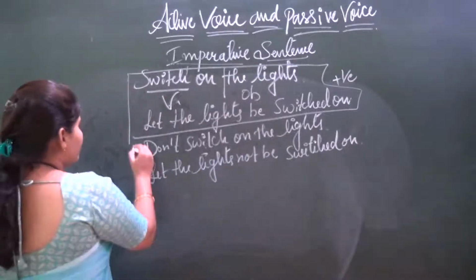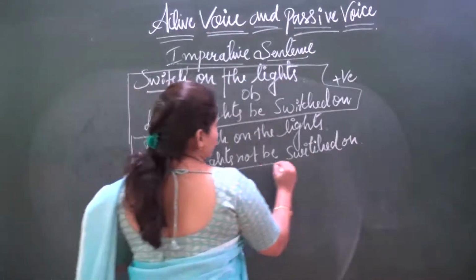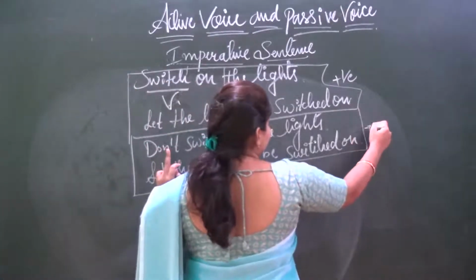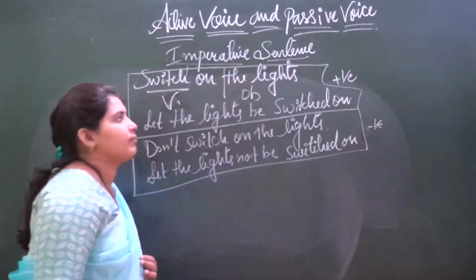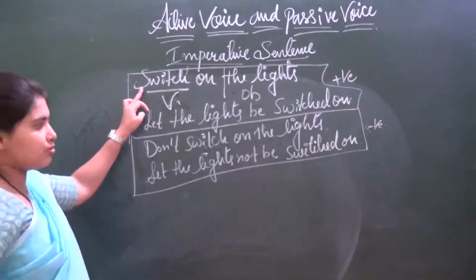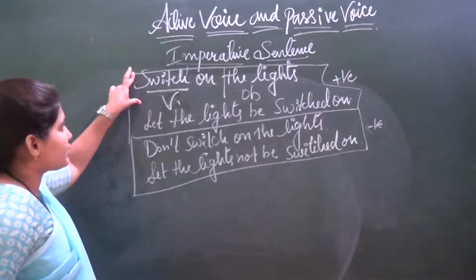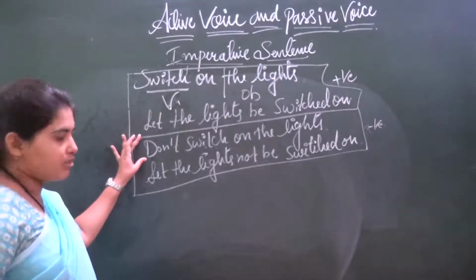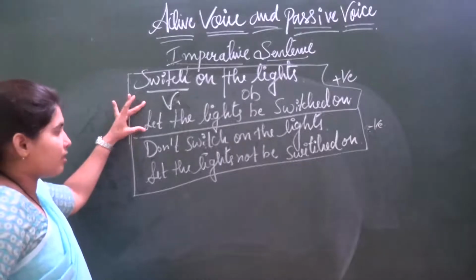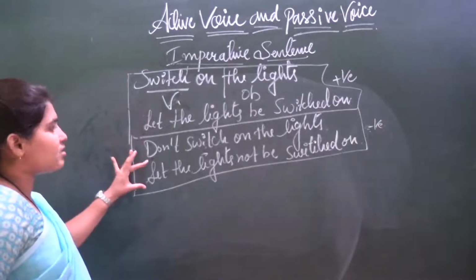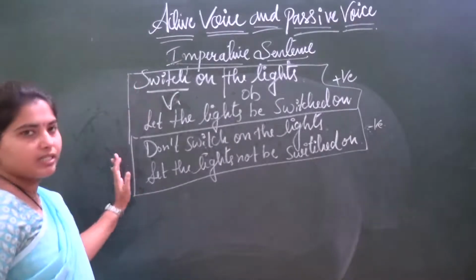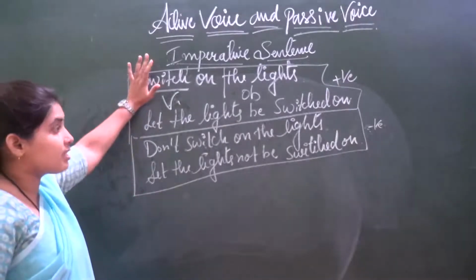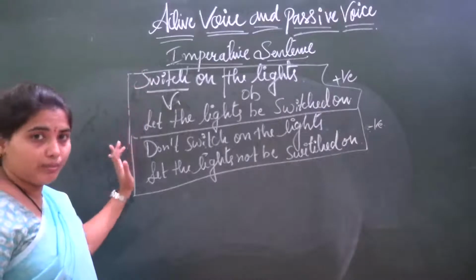So this is the negative structure of the passive voice. This is the positive and negative structure of the active voice, and this is the negative structure of the passive voice. I hope you are understanding what an imperative sentence is and how you should transform it.